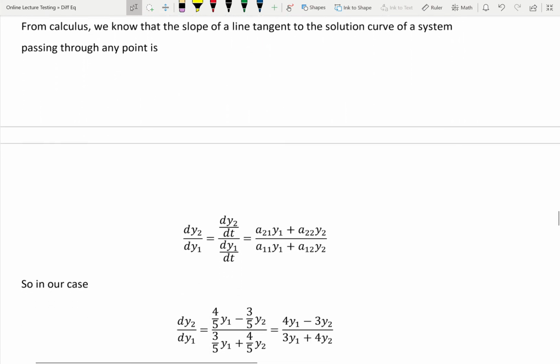So I went ahead and typed this one up because my handwriting looks horrible, so I won't torture you as much. What it is, is the derivative of the second solution divided by the derivative of the first solution. We already have those. We're given what y1 prime is and what y2 prime is.